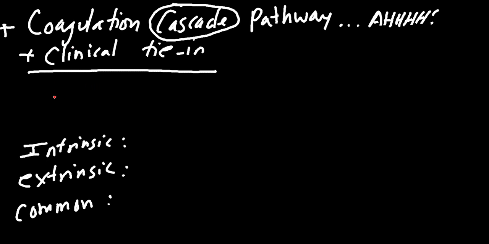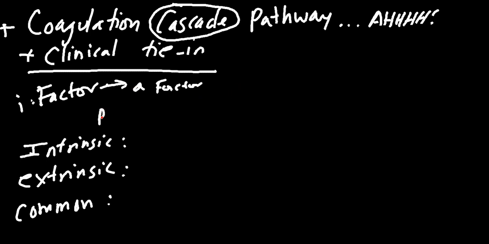Coagulation cascade. We take a factor that's going to be inactivated. So I'll write inactivated factor, and we're going to turn that factor into its active form. That's all we're doing, is we're taking an inactive factor to begin and turning it into its active form. So an active factor.